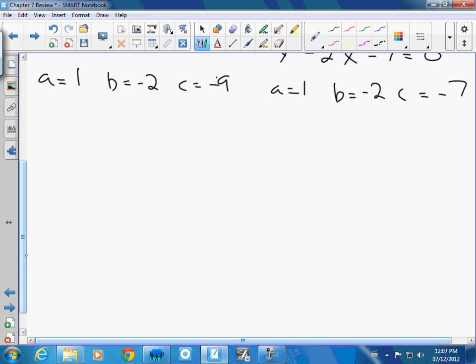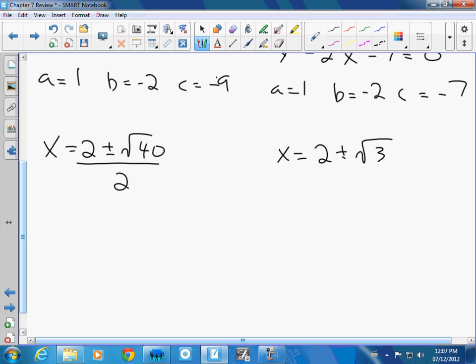So this one is x equals 2 plus or minus root of 40 over 2. I think that's what you all got, right? And this one is x equals 2 plus or minus root of 32 over 2. Is that correct? I think you all got that, right? That's basic quadratic formula. You should at least be able to pump that up, right?